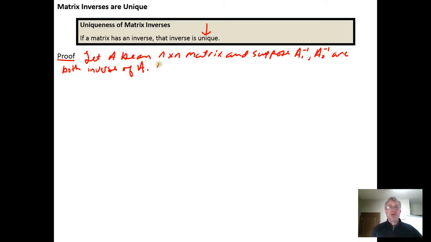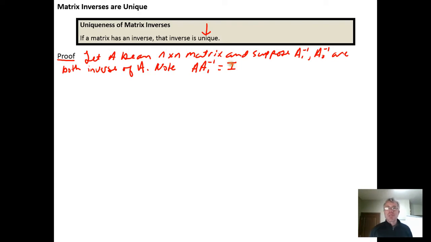So we want to note that when we multiply a matrix times its inverse, so A sub 1 inverse, that it equals the identity matrix. So if I have an n by n matrix A, then A times A1 inverse, where the 1 here is just identifying that this is a different inverse than the one subscripted A sub 2.